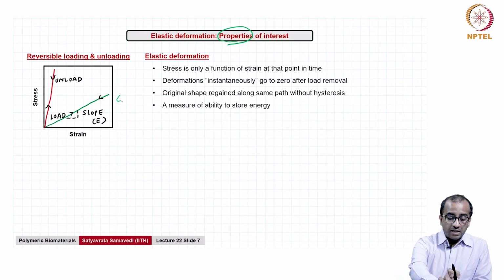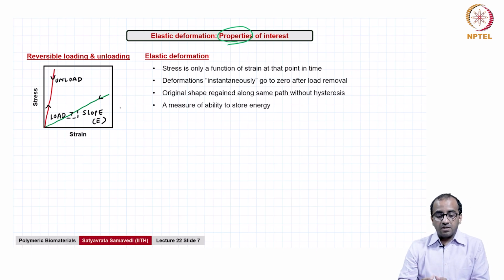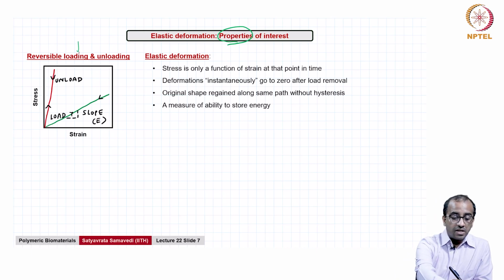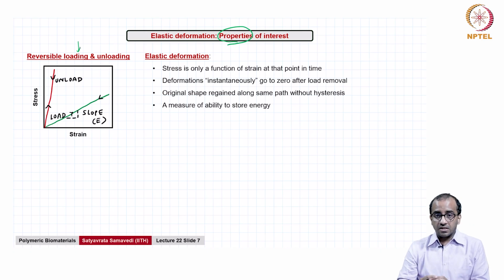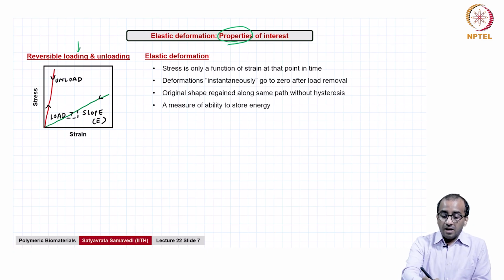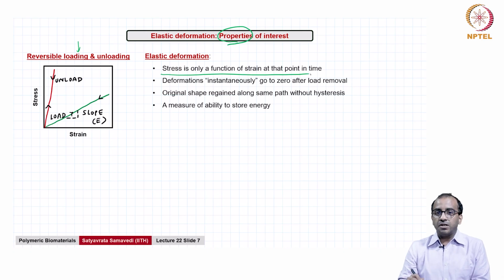What you are looking at is that region, because that is where you get reversible loading and unloading. So, this is the elastic regime where stress is only a function of strain at that point in time.